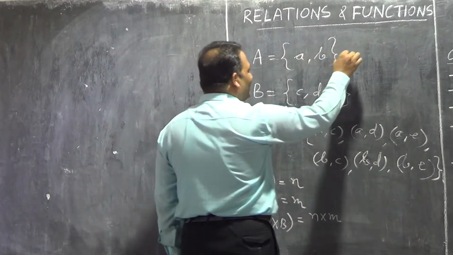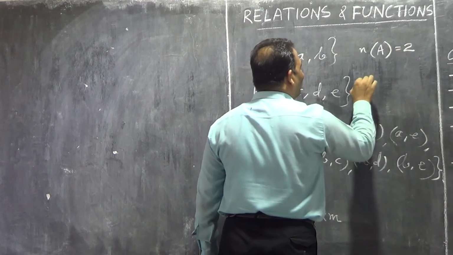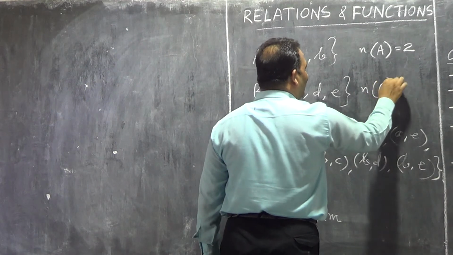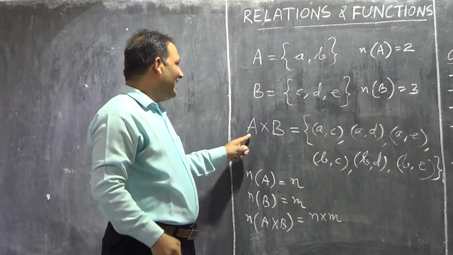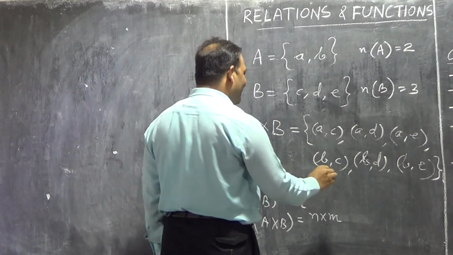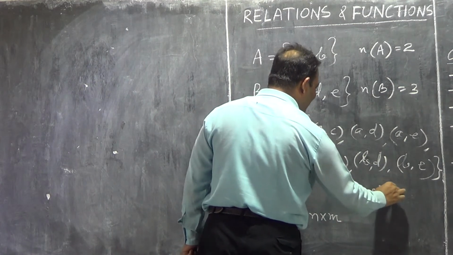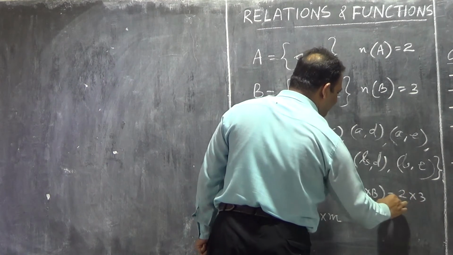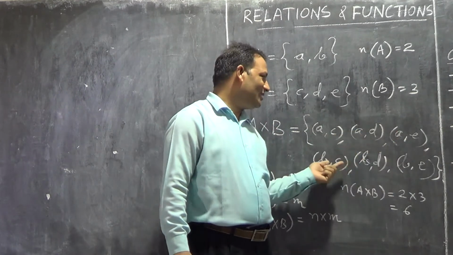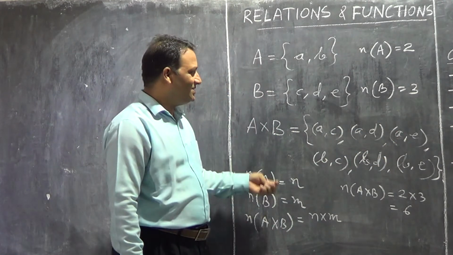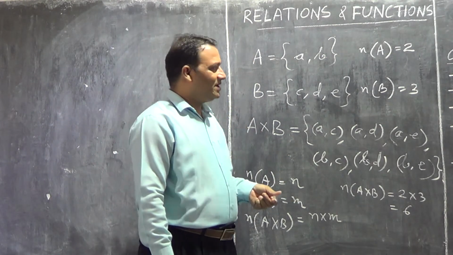So here the cardinal number of A is 2 and of B is 3. So when we find A cross B, the cardinal number of A cross B equals 2 into 3, that is 6. So there are 6 ordered pairs, 1, 2, 3, 4, 5, 6. This is one of the properties of the Cartesian products.